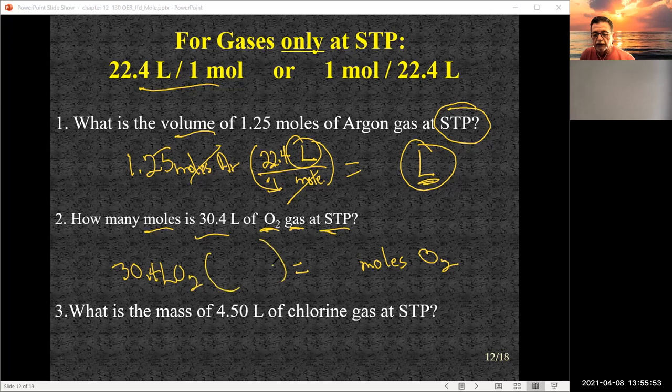We want moles in the numerator and liters in the denominator, because we want the liters to cancel. So we have 22.4 in the denominator and 1 in the numerator, because we are at STP and can utilize that relationship. Check my units: liters cancel, moles are there, we're good to go.